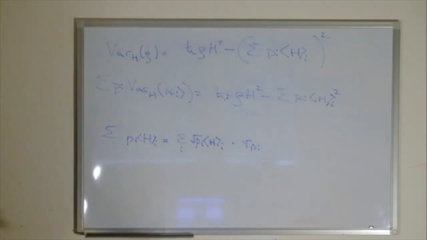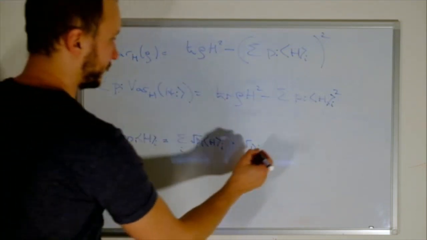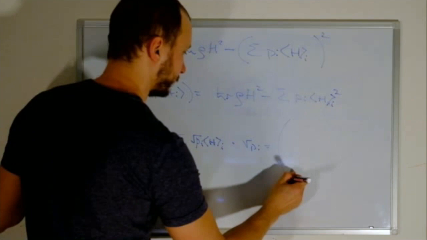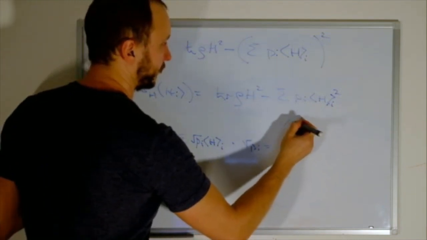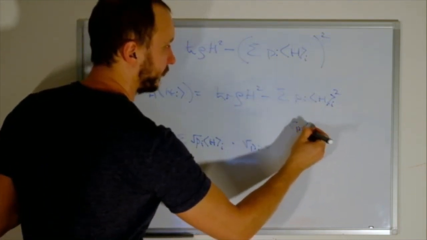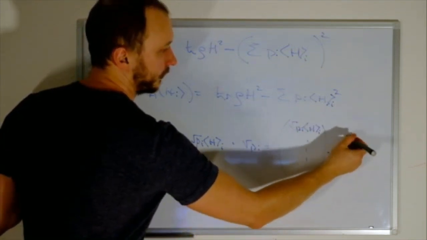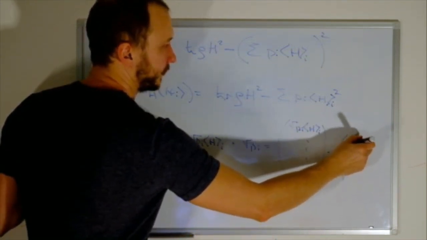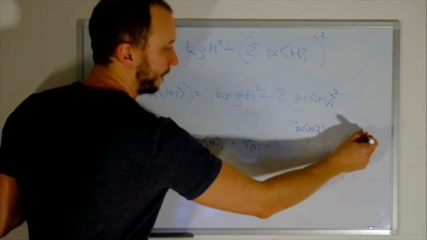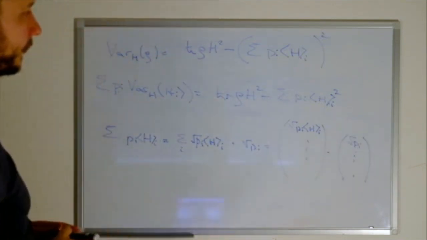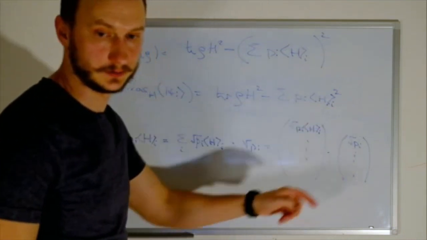Well, it's just a trivial statement, but now by writing it like this, we can see that this is a scalar product between a vector with components square root of p_i times h_i, the expected value, right? This vector times the other vector that just has square root of p_i's as entries.